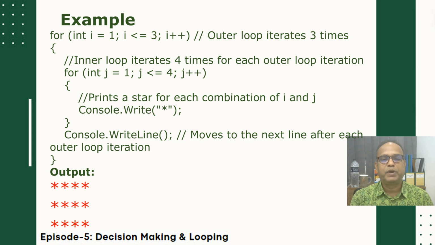Use meaningful variable names to enhance code readability. Consider using indentation to clearly visualize the nesting structure. Break down complex nested loops into smaller, more manageable functions for better organization.